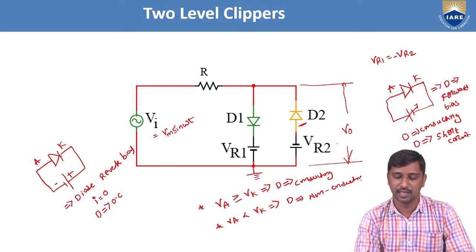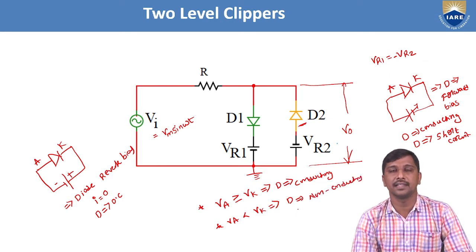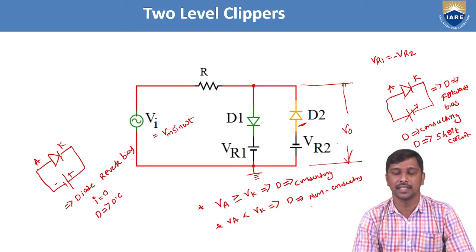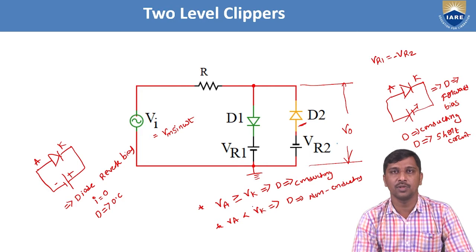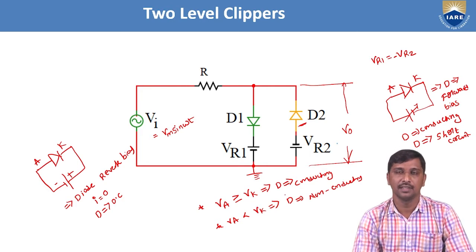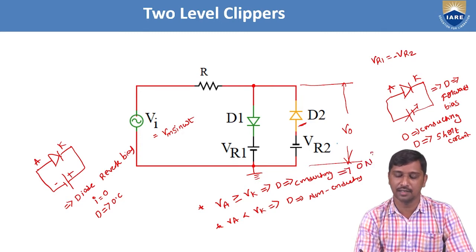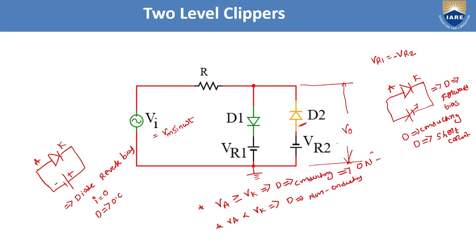At this point, the diode state is represented as the off state. If the anode voltage is greater than or equal to the cathode voltage, then the diode acts as conducting. This state is represented as the on state. Under this on state, the diode is replaced with a short circuit.